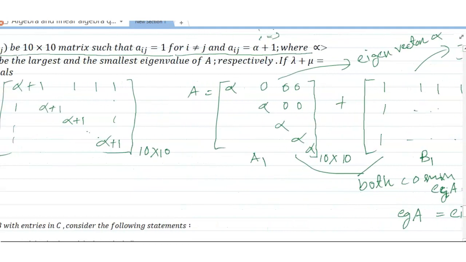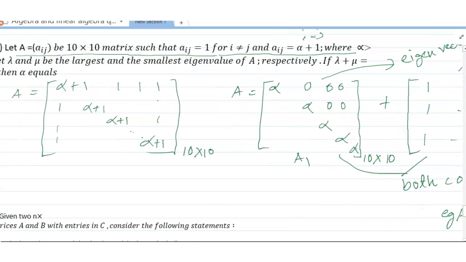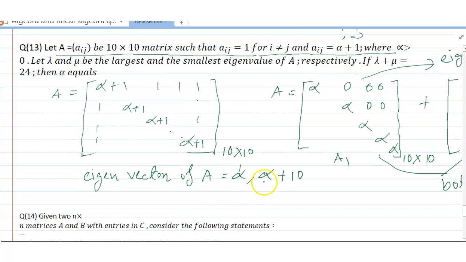Whatever I get for the eigenvalues of this A, the eigenvalues of A are alpha and alpha plus 10. This is my least value. Obviously this is my lambda and mu, the largest and smallest. This is my lambda and this is my mu.